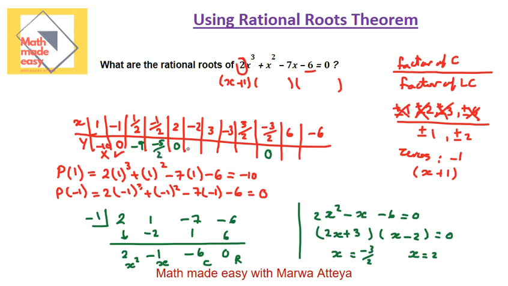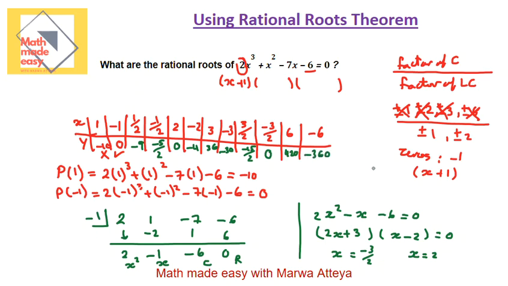For -2, it's -4. For 3 is 36. For -3 is -30. So none of them is a 0, of course, or a root. For 3/2, it's -15/2. For 6, it's 420. And for -6, it's -360.